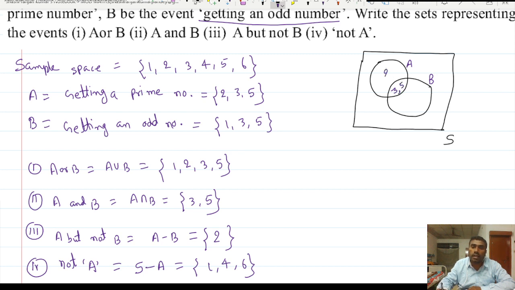After that 2 is here, 1 is here, and 6 is not in A or B, so 6 is somewhere else. So this is the set representation of this question.